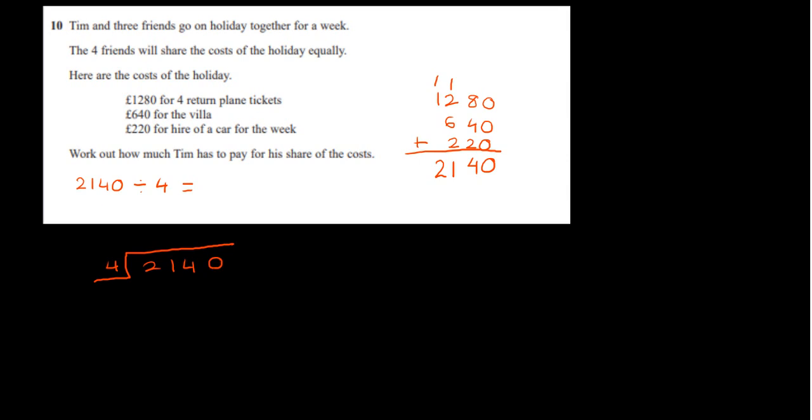Right, 4 does not go into 2, so that's a remainder of 2. 4 goes into 21 5 times, remainder 1. 4 goes into 14 3 times, remainder 2. And 4 goes into 20 5 times. So the answer is £535 for Tim's holiday. Okay, let's move on.